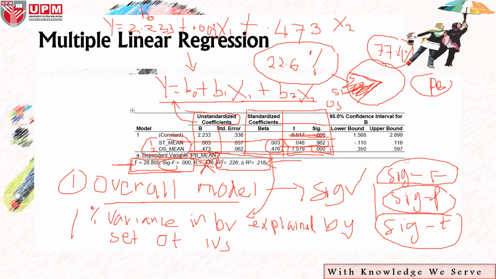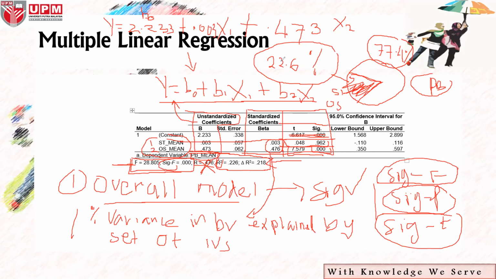So if we look at organizational support, it explains 47.6% out of 22.6% of variance in PB. Understand? Overall, both variables explain 22.6% of variance in philanthropic behavior.